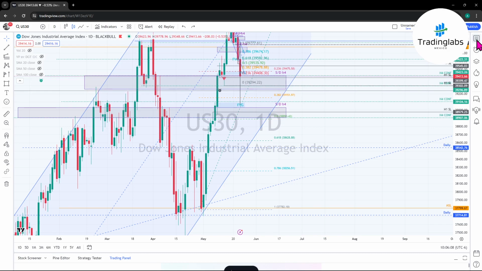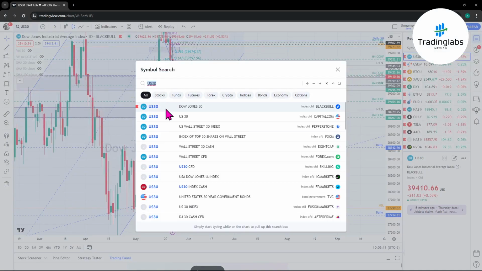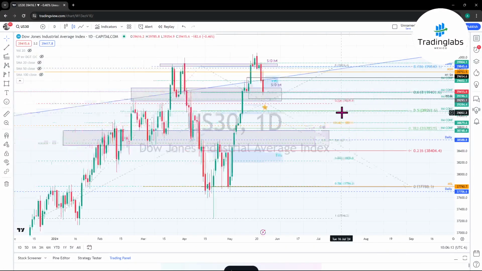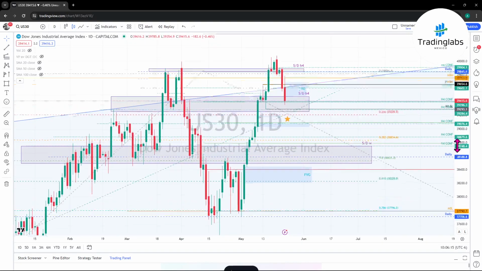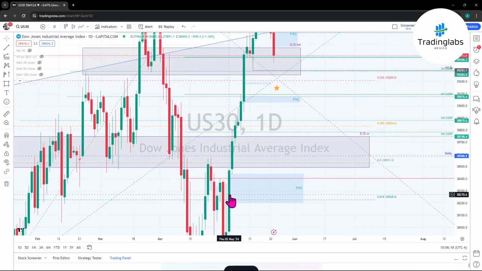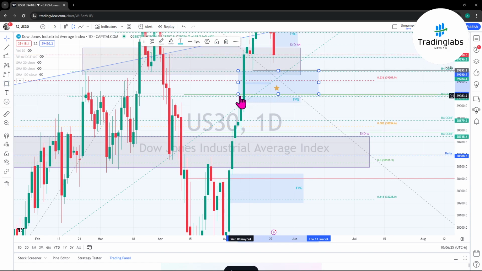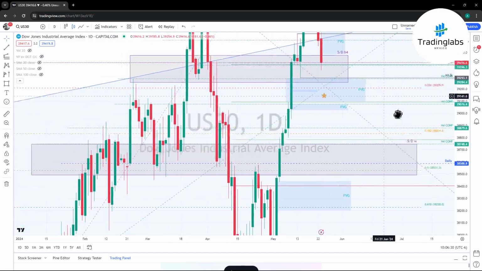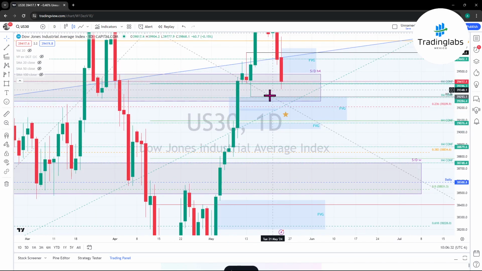For example, let's go to the other chart that I'm making. On the daily, you can see that we have here an FVG. All this week to this week, on the daily, we have another daily fair value gap. Maybe the price will fill this fair value gap and find support right over here.